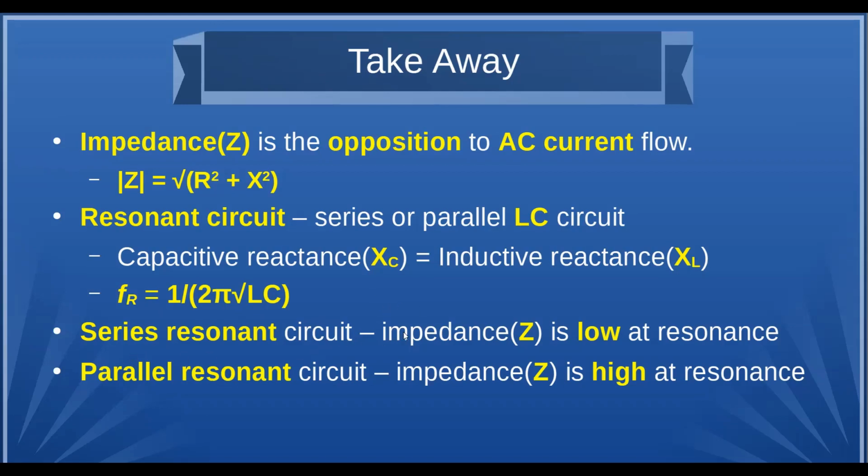In a series resonance circuit, the impedance is low at resonance. Parallel, it's high at resonance. So that determines, when you're doing a circuit like an oscillator or something, whether you want it to pass a waveform at a resonant frequency or block it, depending whether you use a series or parallel circuit.